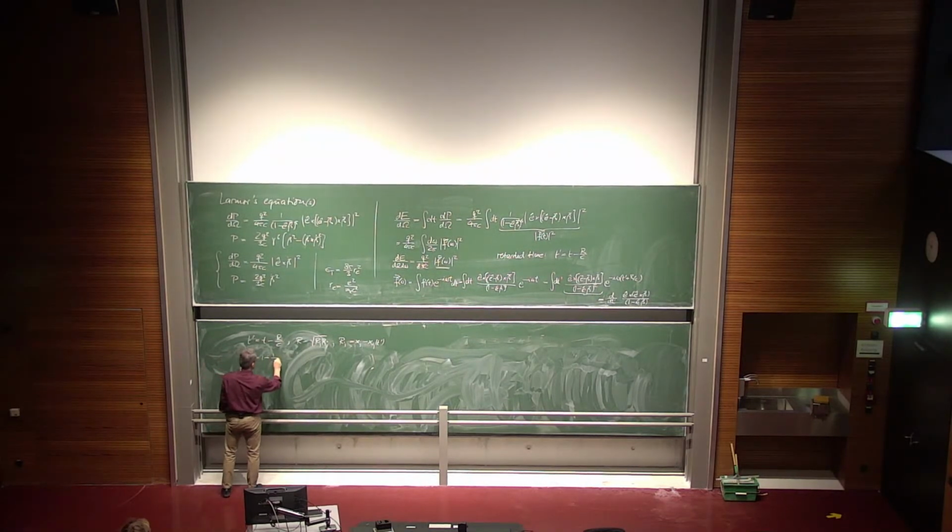This is 1 minus 1 over c. Now the derivative of capital R with respect to t, not t prime, depends on t prime, right? But I need to take the derivative with respect to t. So what am I going to do? I need to take the derivative of that first. This is r_j over R. Then I need to take the derivative of r_j with respect to t.